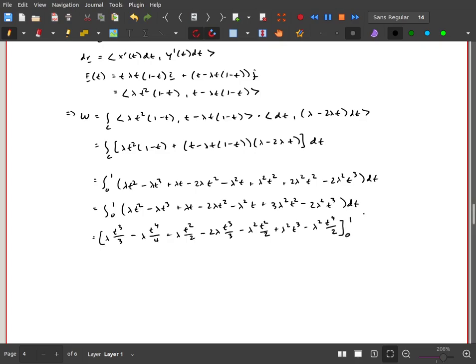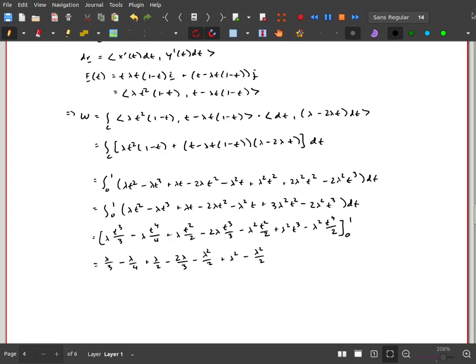Evaluate this from 0 to 1. The 0 limit is nice, so then I don't have to evaluate that second one. And then 1 just means that I substitute 1 into everything, so that's also nice. So then I will get lambda over 3 minus lambda over 4 plus lambda over 2 minus 2 lambda over 3 minus lambda squared over 2 plus lambda squared minus lambda squared over 2.